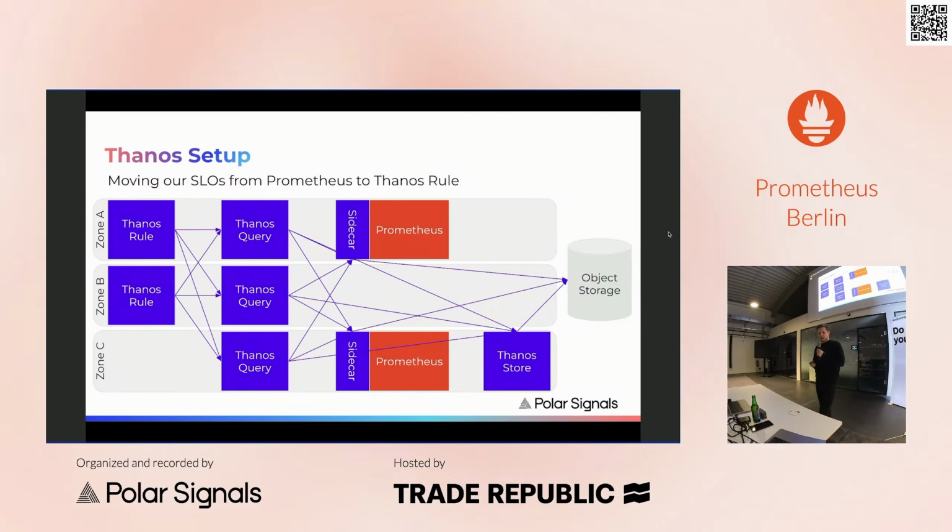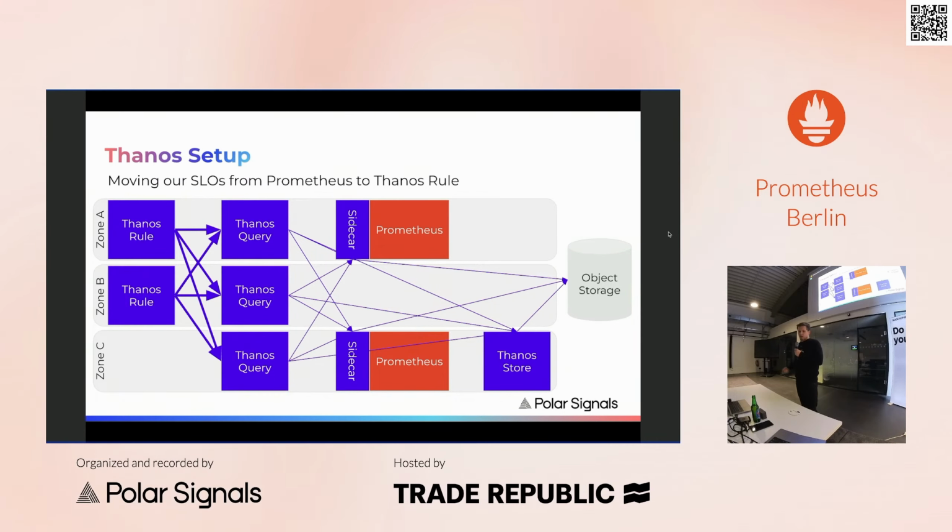So we set it up, and sure enough, we could see that the Thanos rule all of a sudden was evaluating a lot more rules, obviously, because I think 90% of our alerting rules and recording rules are SLO related. So we moved all of those from Prometheus to Thanos rule, and that component was actually doing a lot more work, requesting a lot more data from the Thanos query.